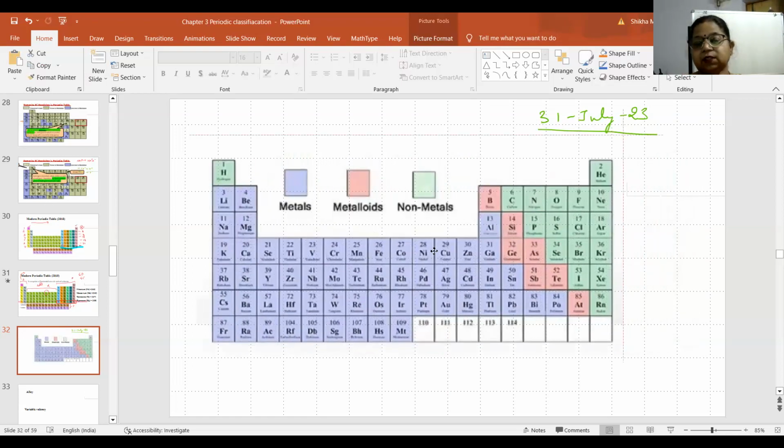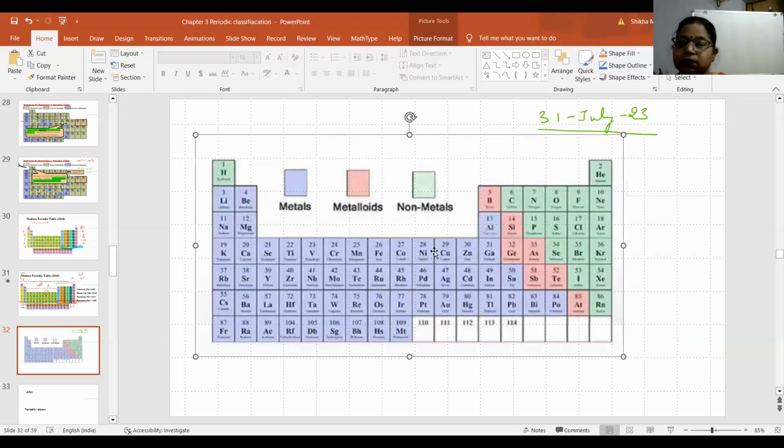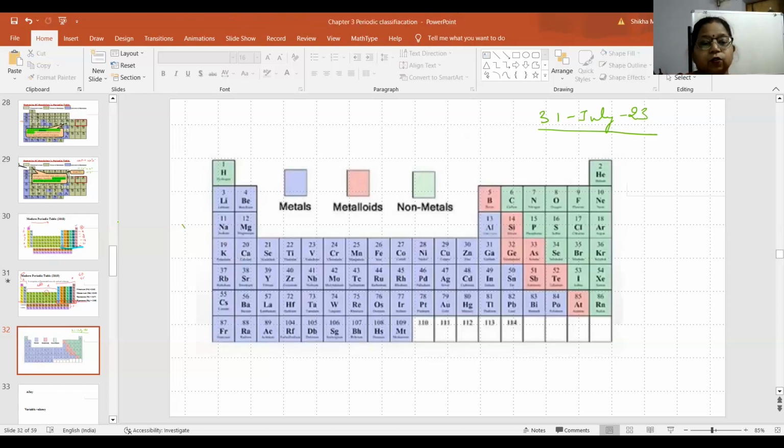Metals and non-metals occupy the extreme ends of the modern periodic table. Deliberately, the lower half, the f-block, is not there in this picture. It is just there to tell you that on the left-hand side, just focus on one element, that is sodium. Sodium is a metal. This we understand from class 10th studies, right?